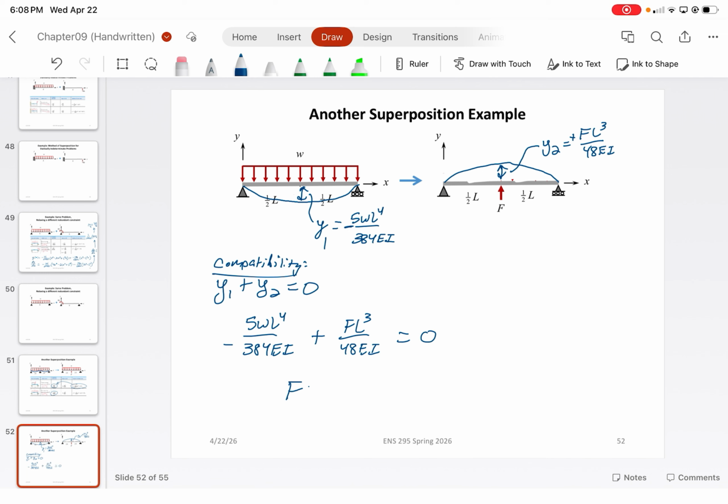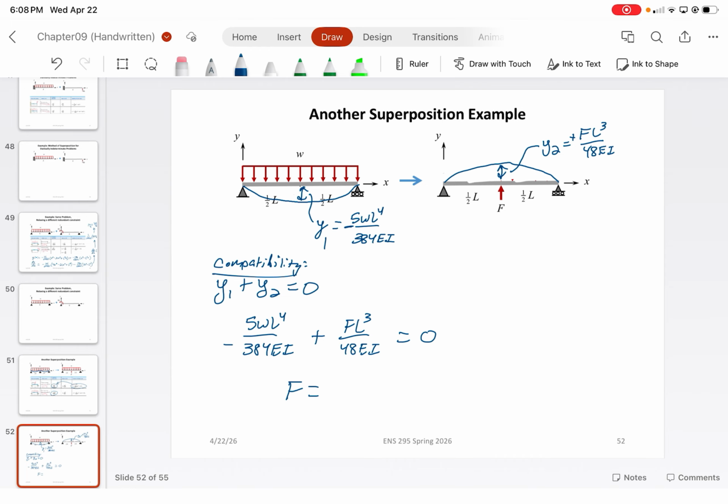And what we're solving for is F in terms of W, and what we should end up with is, let's see, we've got FL cubed over 48. Technically, the L cubed will cancel with the L to the fourth, so we're just left with WL. The EIs will also cancel.